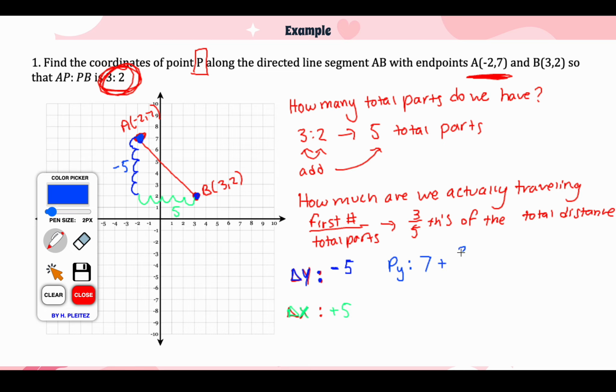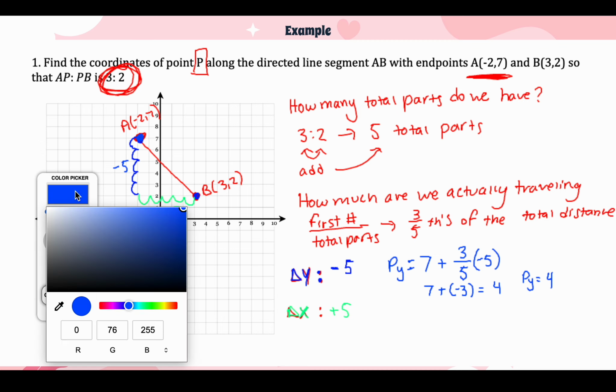So we're going to add 3/5, and we're going to multiply that by our total distance that we need to go in the y direction. So if we simplify this, we're going to get 7 plus 3/5 of negative 5, which is going to be negative 3. And if we simplify that, we will get 4. So I know the y coordinate of my point is going to be 4.